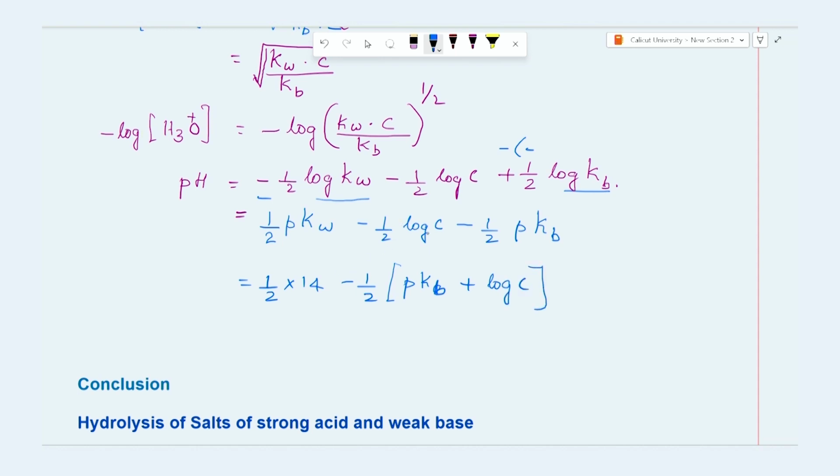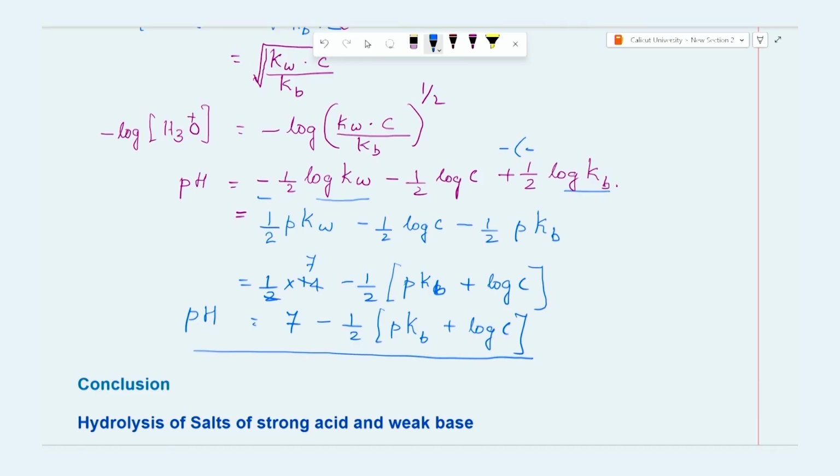So, minus half log C becomes positive, again minus of pKb becomes positive. So, 2 into 14 minus half, you have pKb plus log C. Now, again 2 goes 7 times. So, the expression for pH is 7 minus half into pKb plus log C, and this is the expression for pH.